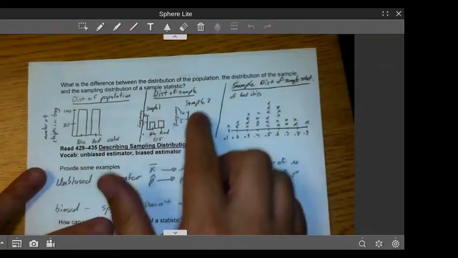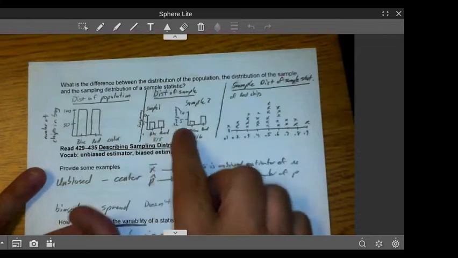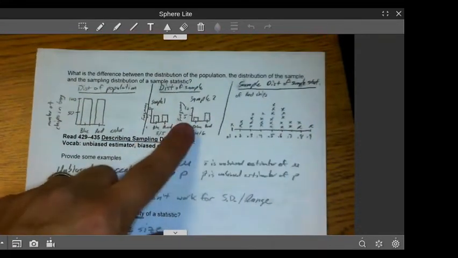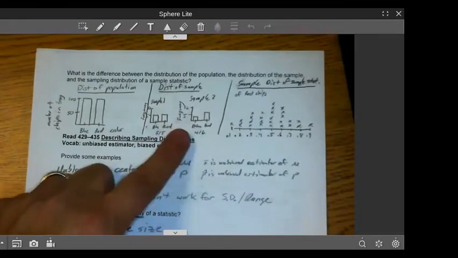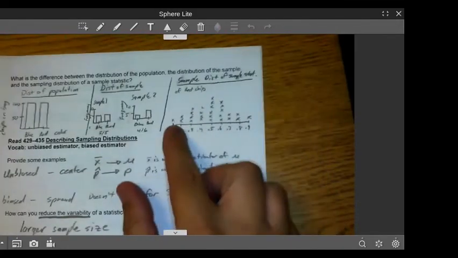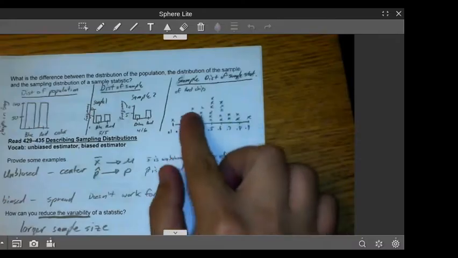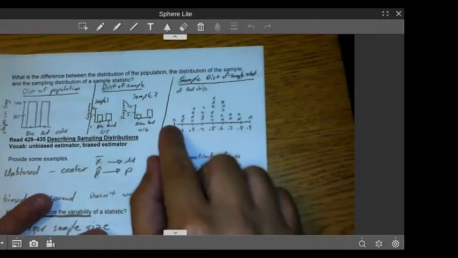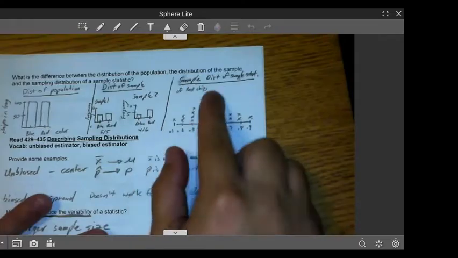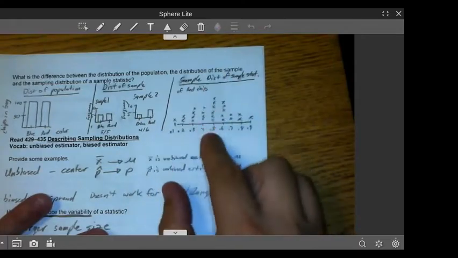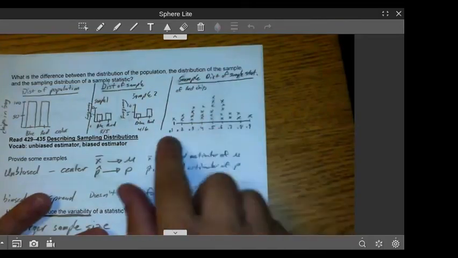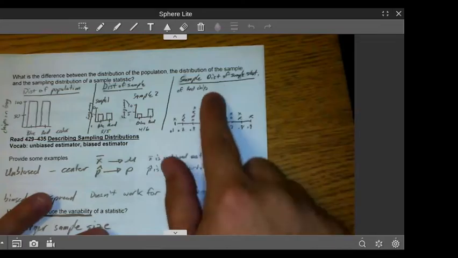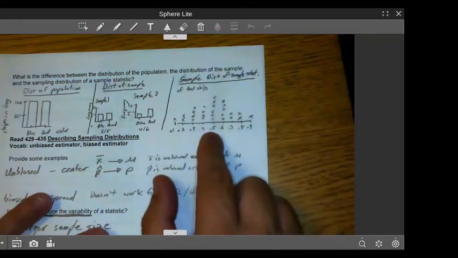The distribution of a sample is I have a sample of 10 chips from the bag, and here's the breakdown of 2 samples that I just randomly made up. Then I take the percentage of red chips and spread those out. I get those crazy examples where I had 9 blue and 1 red, but for the most part, the average of the average is going to be where the true average is. We know that it's 50%. The average of the averages is also 50%.